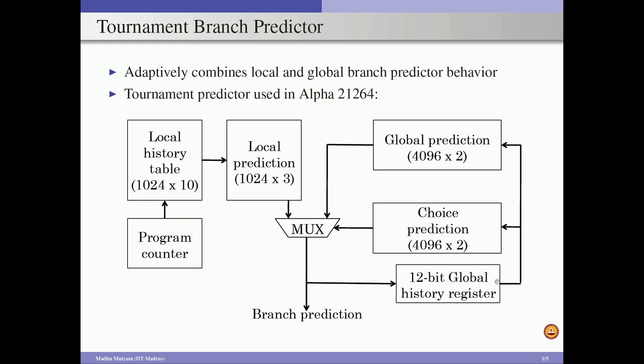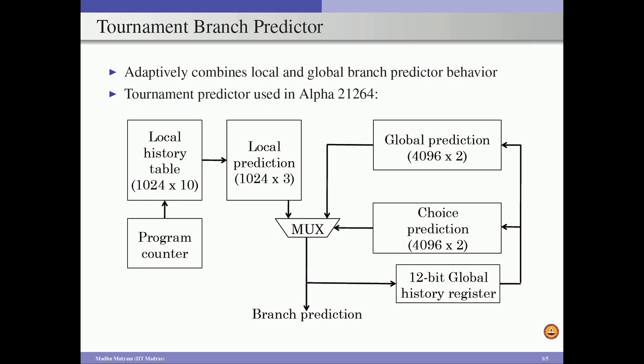Effectively, the LSB bit in the global history register will be pushed out, and the new outcome is inserted at the MSB position in this 12 bit register. And also we are going to update our global predictions, and similarly the choice predictions whenever a choice prediction is involved in taking the decisions. So, this is the overall operation we do with the tournament branch predictor.